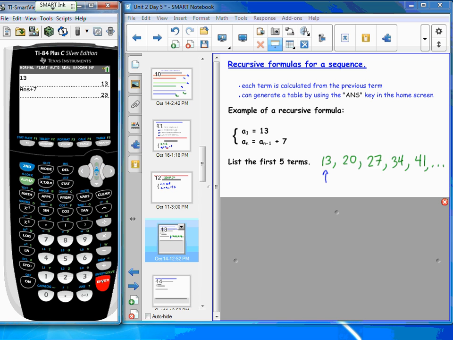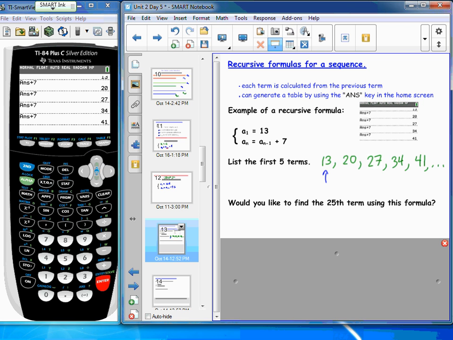Press enter again. Each time the calculator will add 7 to the previous term value. It's calling that answer the previous answer from the above line, which is exactly what we did by hand. So 13, 20, 27, 34, and you guessed it, 41. So we can generate that recursively by using our graphing calculator, and that's pretty cool too.